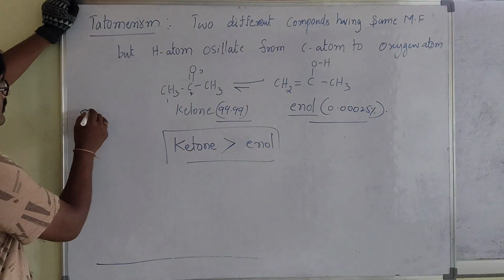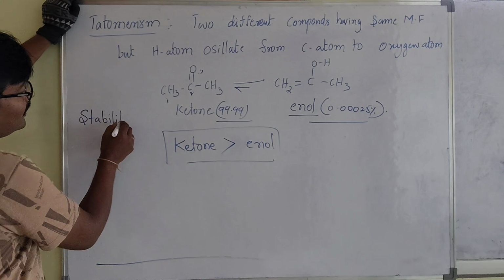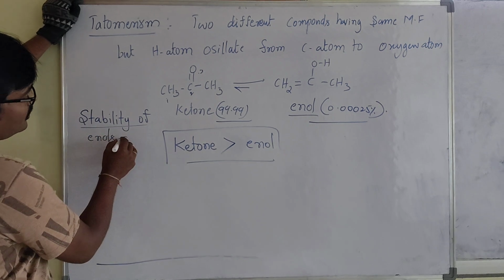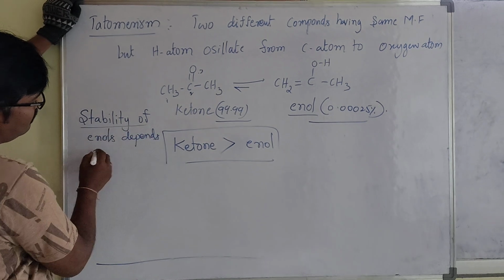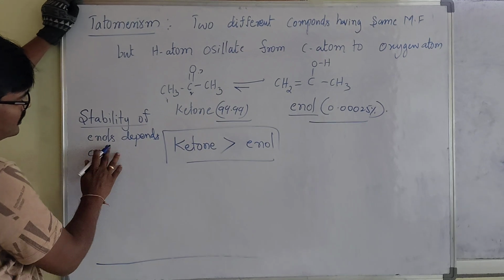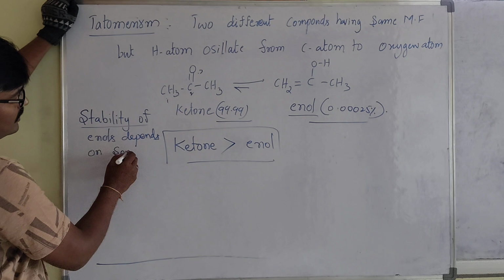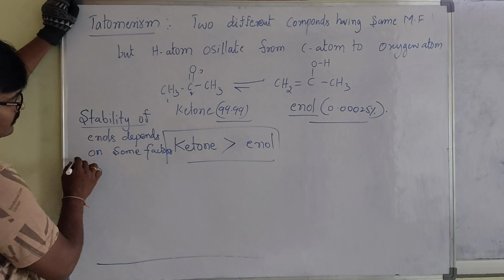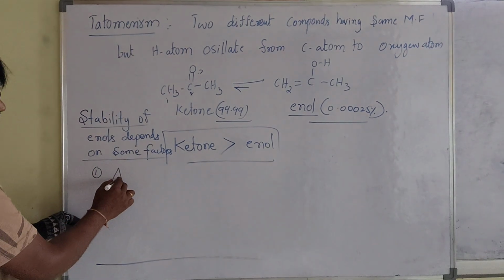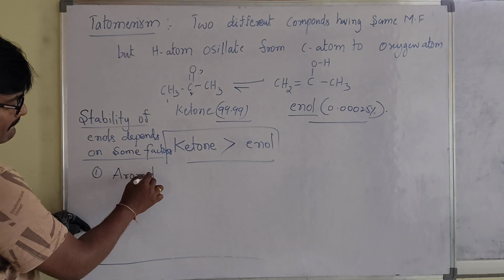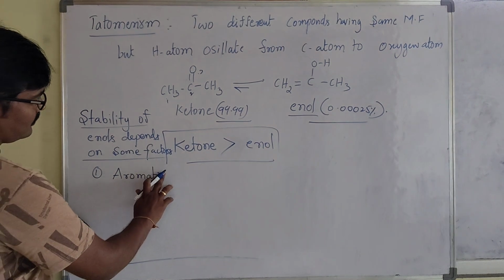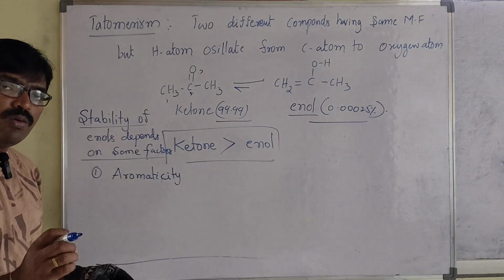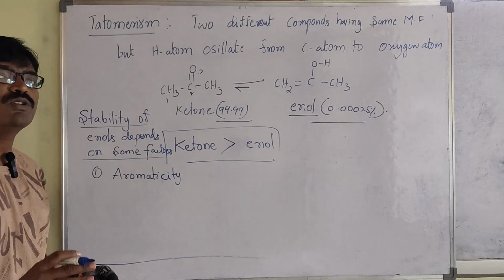The stability of enols depends on some factors. What are those? Number one, aromaticity. Wherever aromaticity is possible, in that case the enol is more stable.